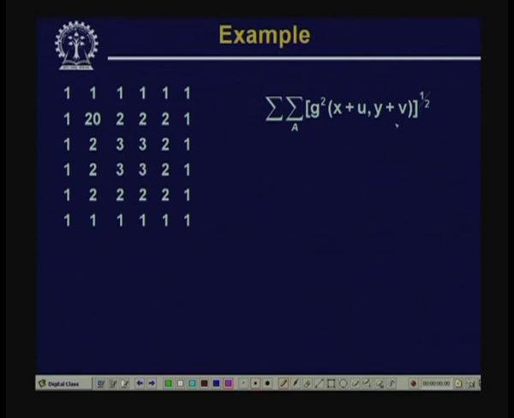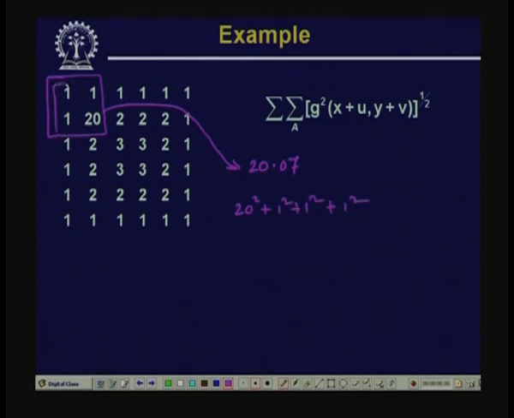So, let us take the same location again. If I compute this g square x plus u, y plus v, summation over the region A, square root of that summation, then you will find that this particular value will come out to be something like 20.07, because this is nothing but 20 square plus 1 square plus 1 square plus 1 square.